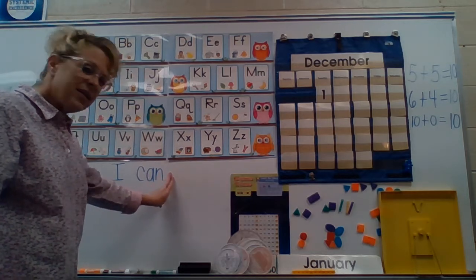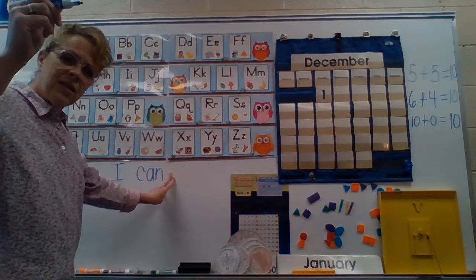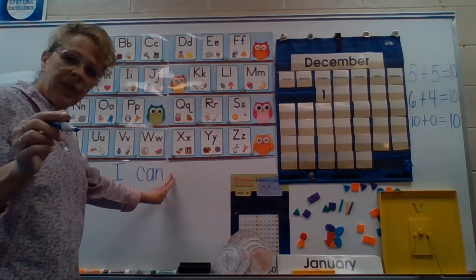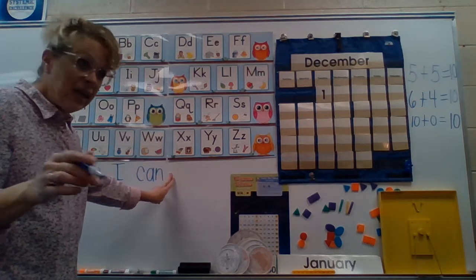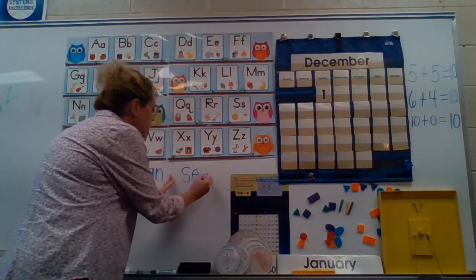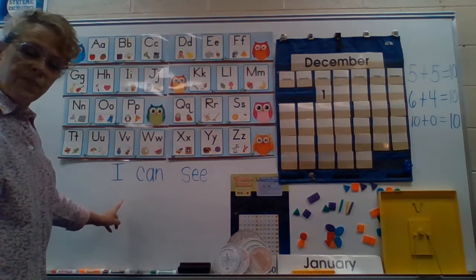Leave a nice space. What's the next word? I can see. Do you know how to spell see? I hear S at the beginning. S. E. E. Right? You have 3 words.